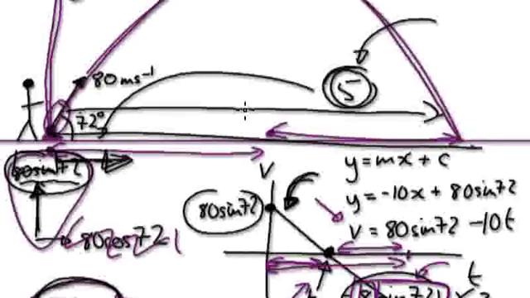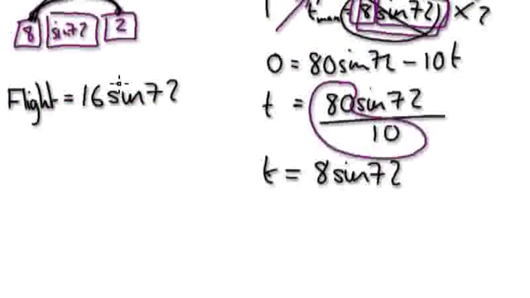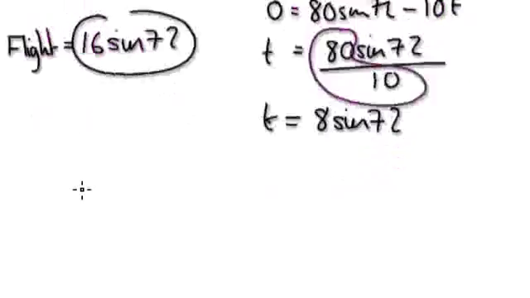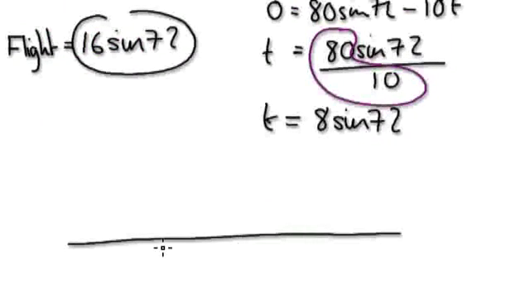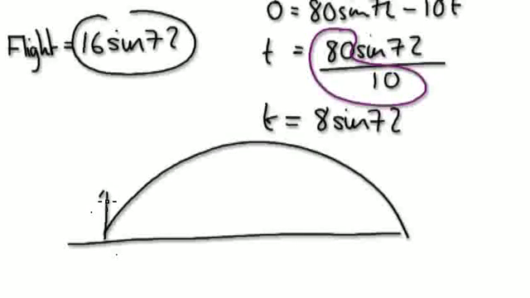Okay, so basically, now that we've got the flight time here. Now imagine, so hang on. So let's just do this here. Remember, it's going to travel like this. Our vertical component, well, we've dealt with that. Now let's look at the horizontal component, 80 cos 72.